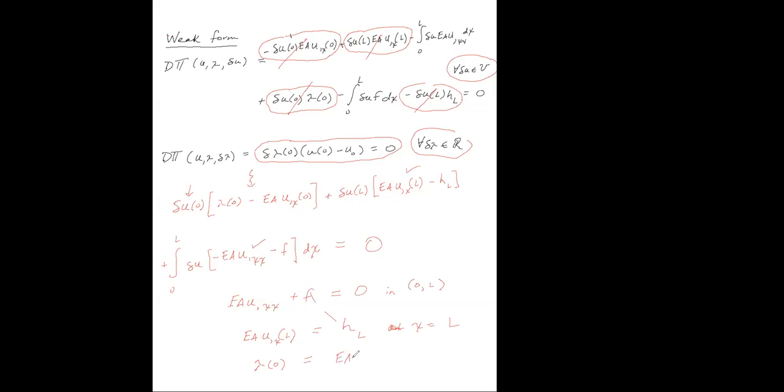EA u comma x at 0, at x equal to 0. That's this guy. And then we've got this equation right here, which says exactly what we should expect, that our constraint is satisfied.